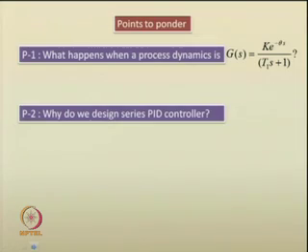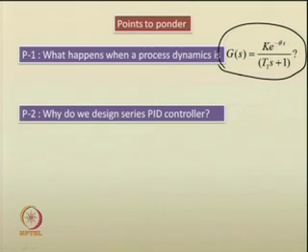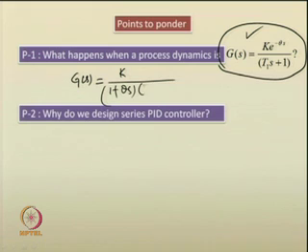Now, we will go to the points to ponder. What are some limitations of the method? What happens when the process dynamics is available in the first order plus dead time transfer function form? When the process dynamics is available in this form, one can always get the process dynamics expressed in the form of K e to the power minus theta s upon (T1 s plus 1), approximately K (1 minus theta s) upon (T1 s plus 1), of course when theta is a small value.